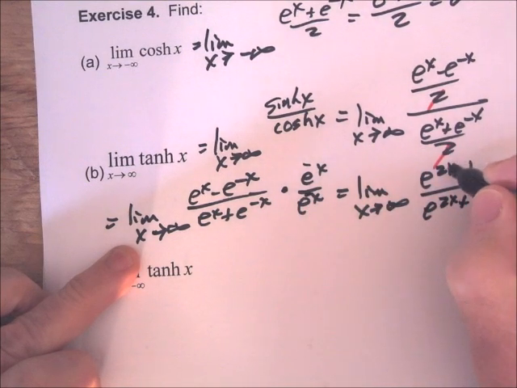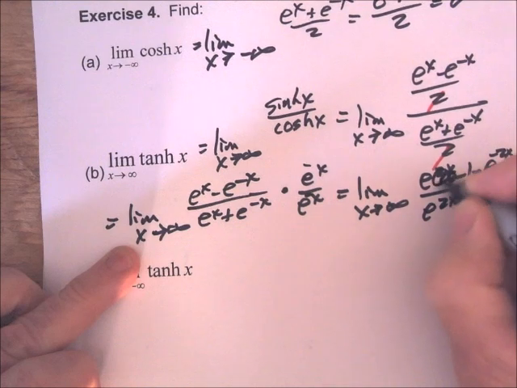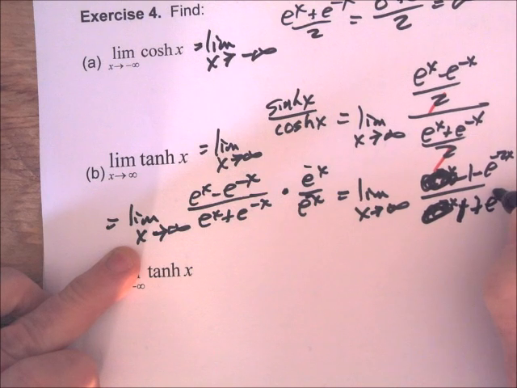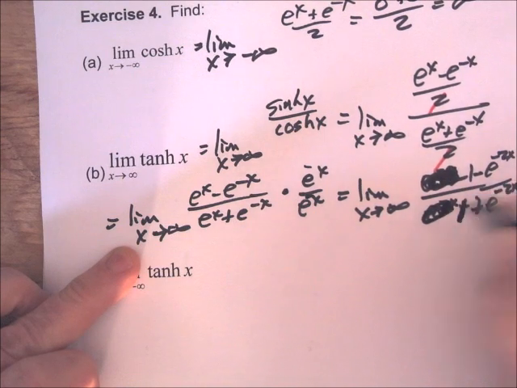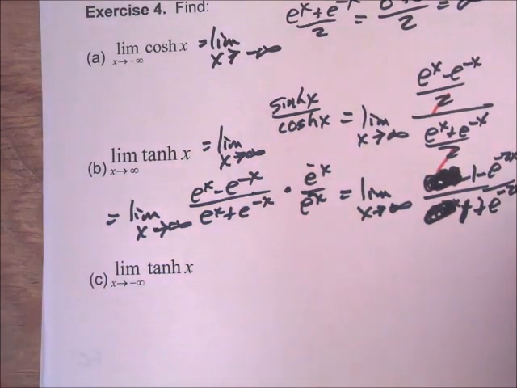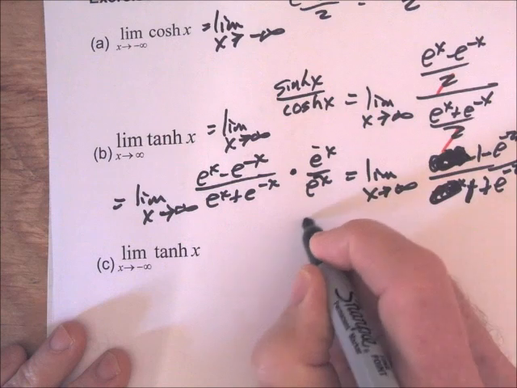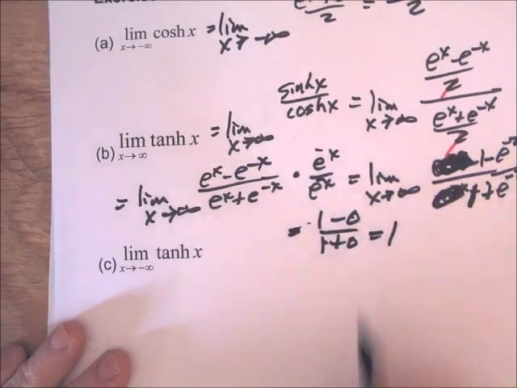So it'll give us 1 minus e to the negative 2x over 1 plus e to the negative 2x. Okay, so that's better. And then we can take the limit. So the e to the minus infinity will go to 0. So this is going to be 1 minus 0 over 1 plus 0, and that's equal to 1.